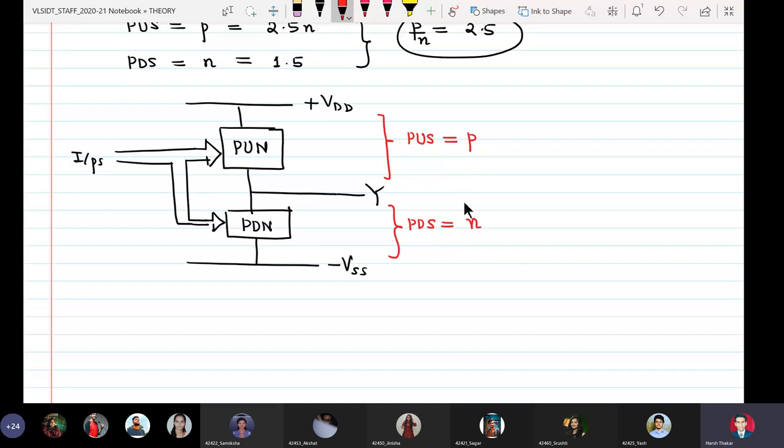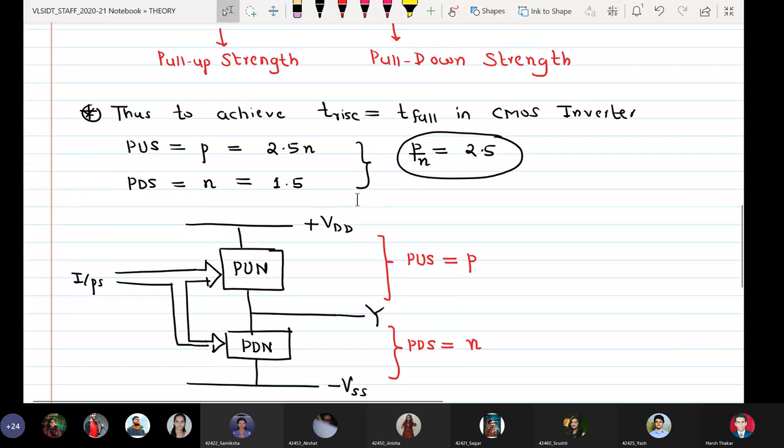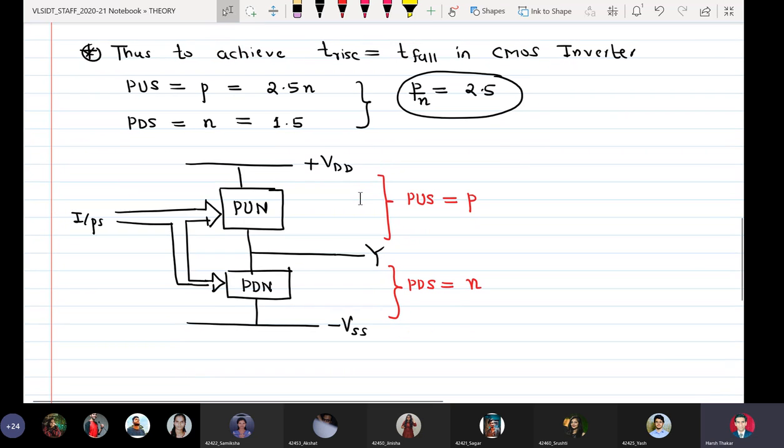So now you know that the pull-up network can contain all PMOSs in series, or all PMOSs in parallel, or a series-parallel combination of PMOS devices. Similarly, the pull-down network can contain a series connection of NMOSs, a parallel connection of NMOS devices, or a parallel-series connection of NMOS devices.